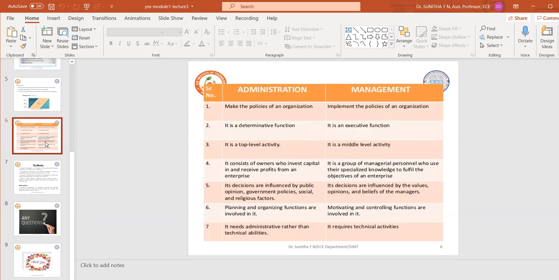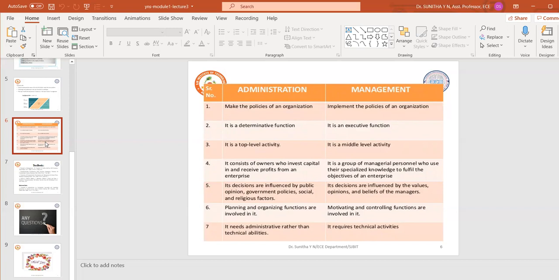The next topic is the comparison between administration and management. Administrator and management, the words look so similar, but carry completely different meanings. An administrator makes the policies of an organization. He makes the policies.